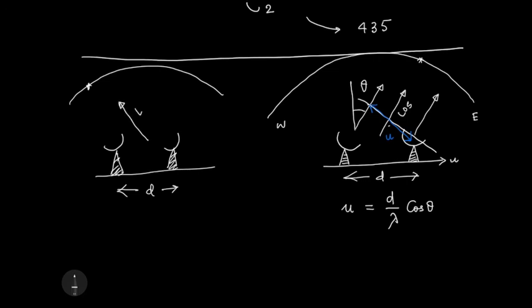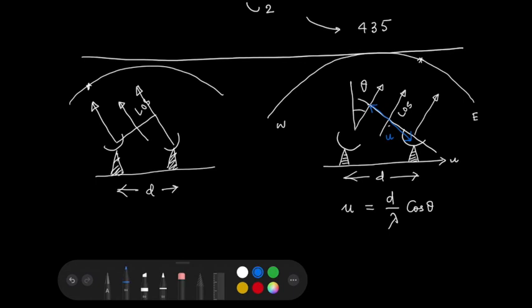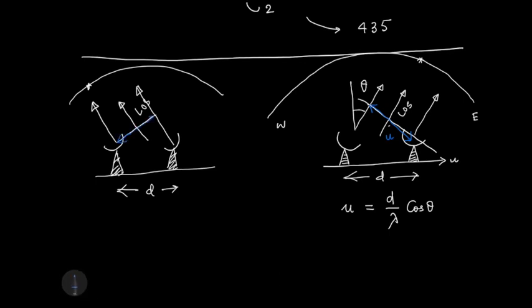So line of sight is here. So these are the two directions of the antenna beams, and the projection is this much, and the plane perpendicular to the line of sight. Okay, so if I call now this as theta prime, so now U is d by lambda cos theta prime.